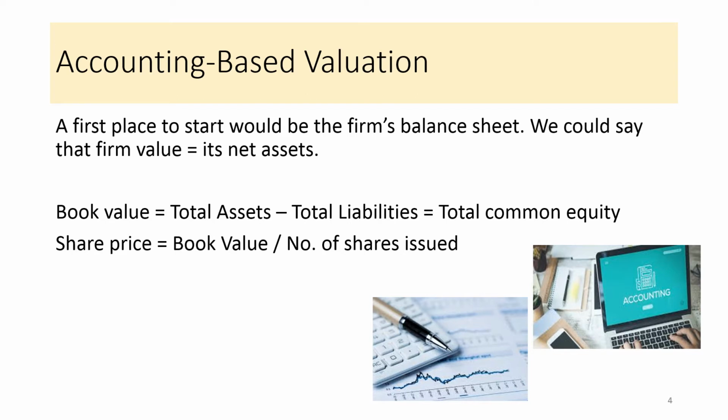We could say that a firm's value is equal to its net assets. If all the firm's assets were sold at the accounting value and all the firm's liabilities were fully paid, the remaining amount divided among the common stockholders is the book value per share. Share price can be estimated from the book value per share.